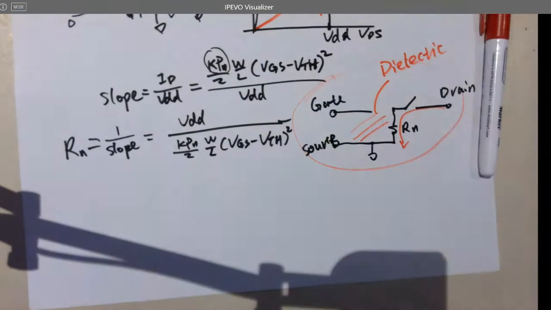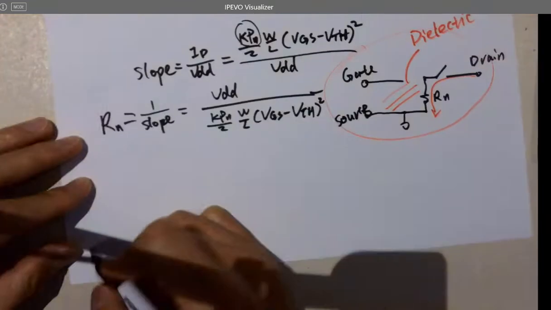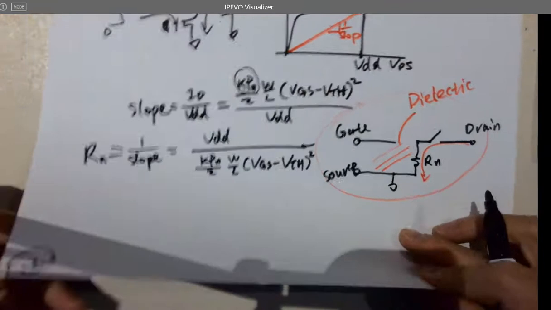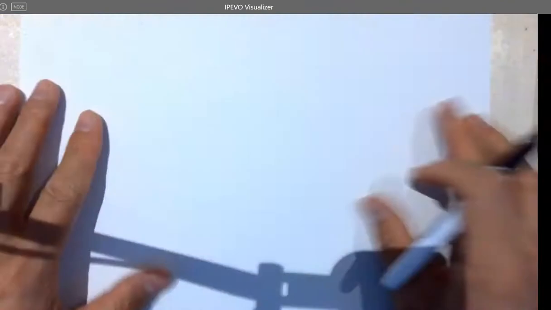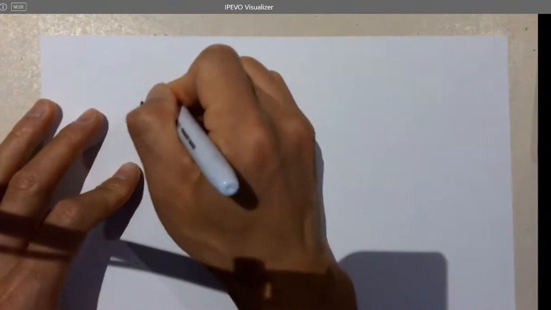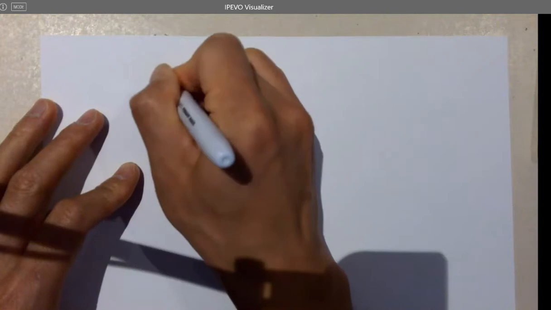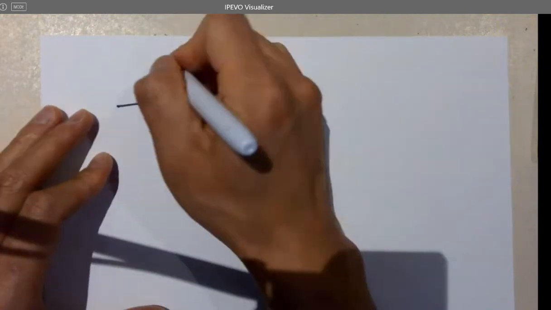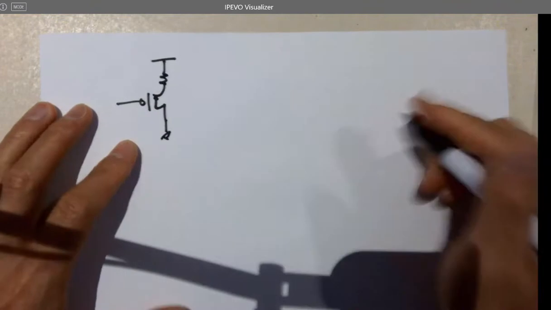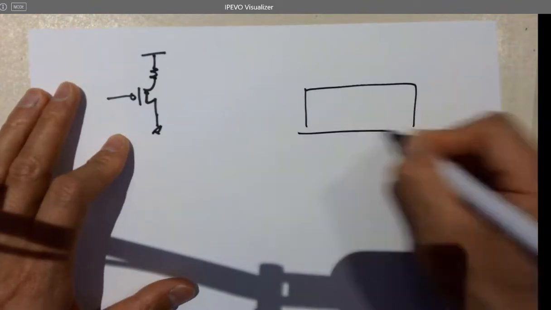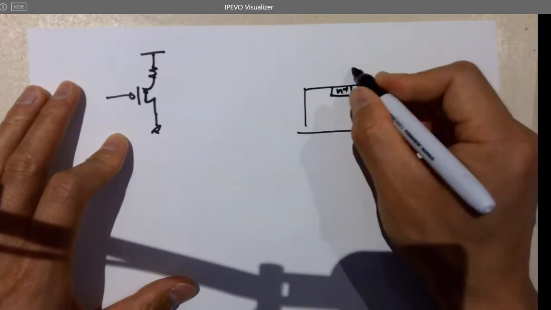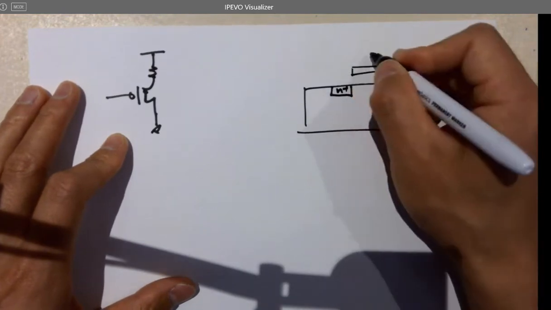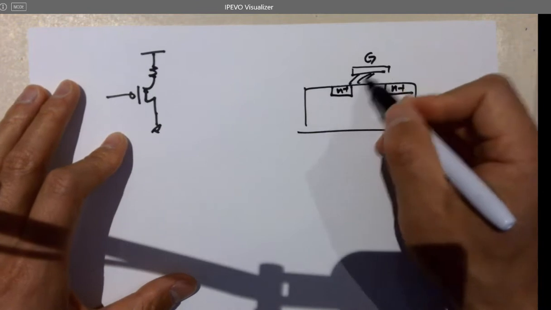Let's look at another example here with an NMOS with a resistor on the top. That's a gate, and that's a dielectric material.